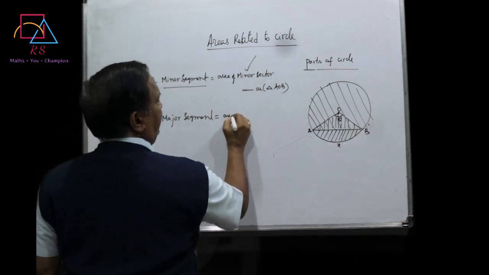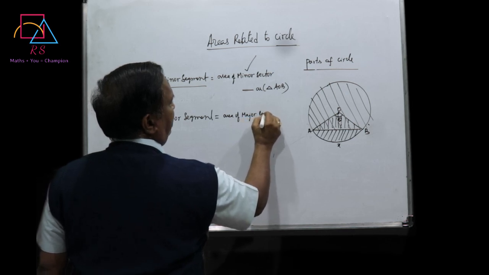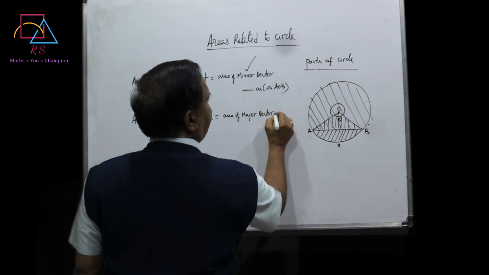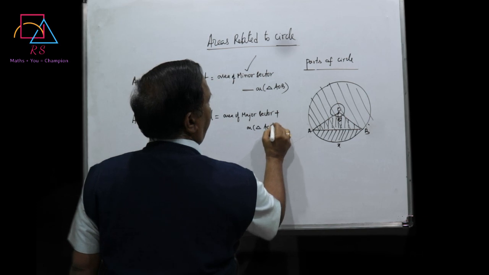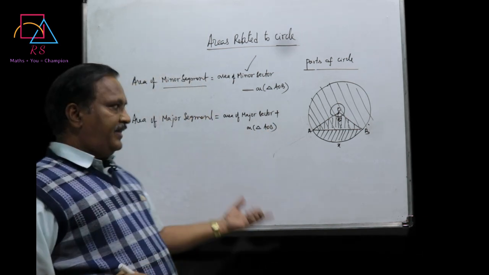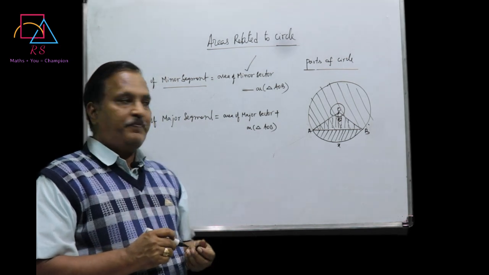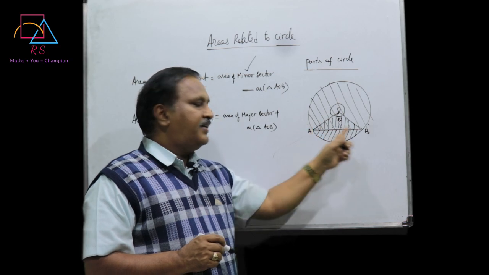So here area of a major segment is the area of the major sector plus area of a triangle AOB. In both the cases it is needed, you have to find out area of a triangle. So now you have a target, how to find this area of triangle.